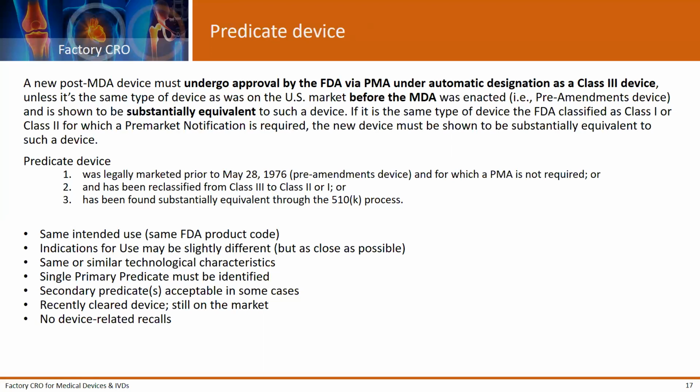Secondary predicates are acceptable in some cases. Think of a spinal system consisting of more than one component. Then you can look for a secondary predicate. You should look for recently cleared devices that are still on the market. And obviously, you should look for recalls concerning your predicate device, because that would not be a good example. Okay, please advance.